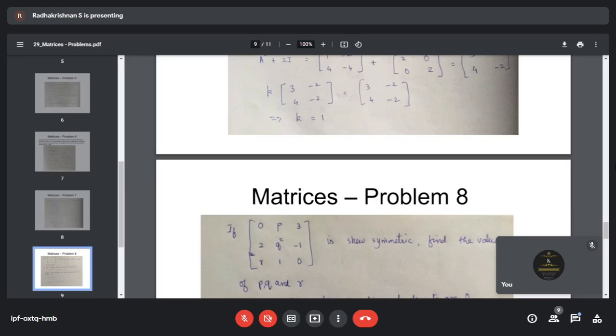Correct. A transpose equals minus A. The diagonals all have to be 0. Number 1.